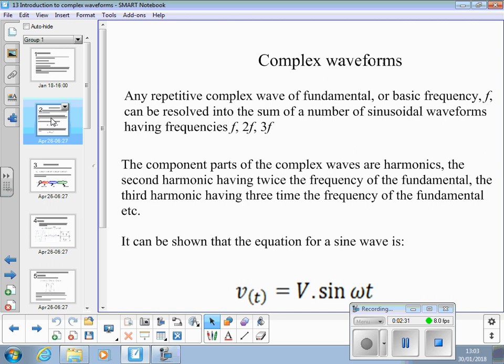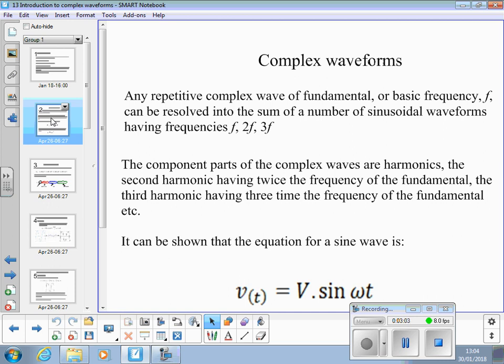The base frequency is called the fundamental, and the waveform repeats for every cycle of the fundamental. The second harmonic is twice that frequency, the third harmonic 3 times, and so on. So for a 50 Hertz main sine wave being the fundamental, the second harmonic would be 100 Hertz, third harmonic 150, and so on like that.